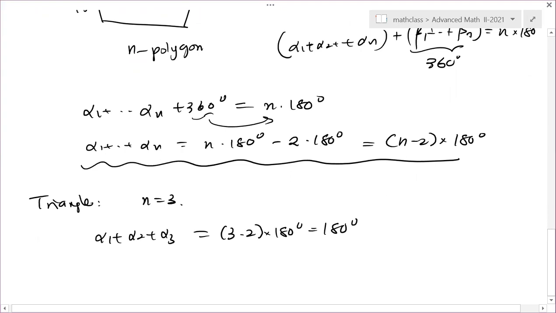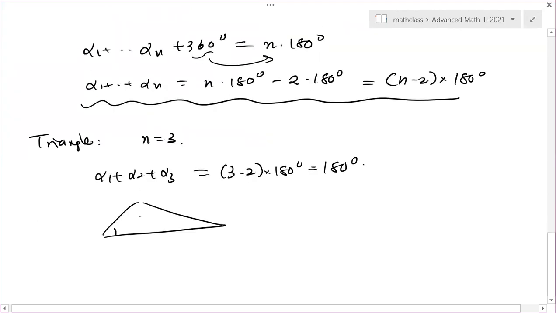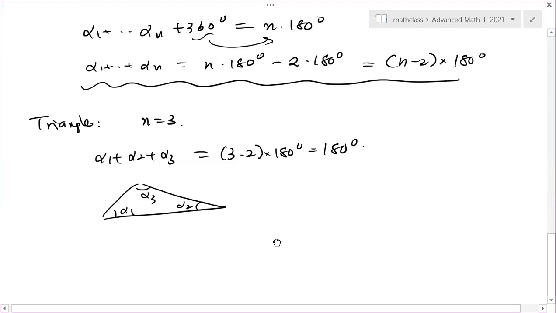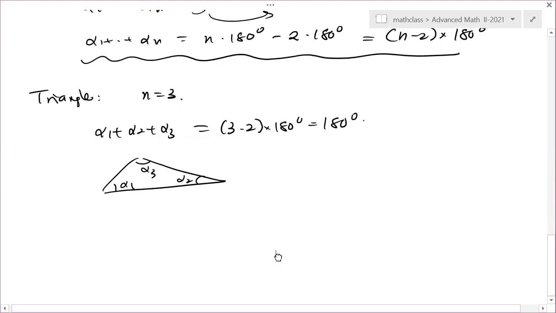So for the triangle, the sum of the 3 angles is always equal to 180 degrees. That's a very important fact. It comes from the fact we proved that the sum of the exterior angles is 360 degrees.